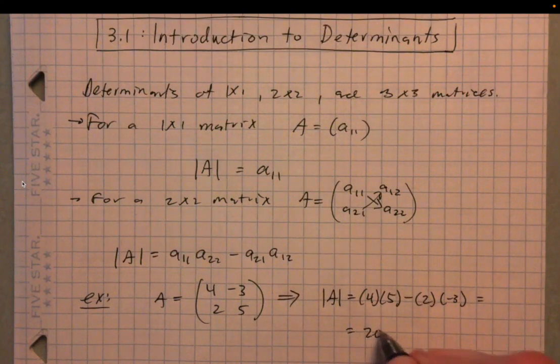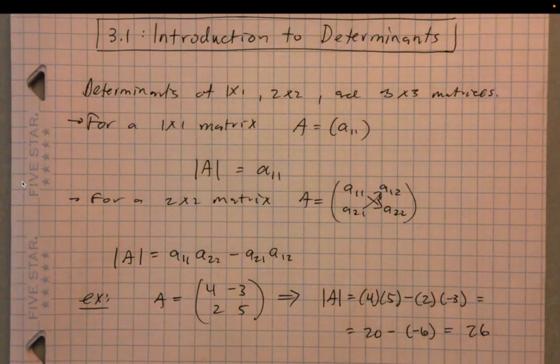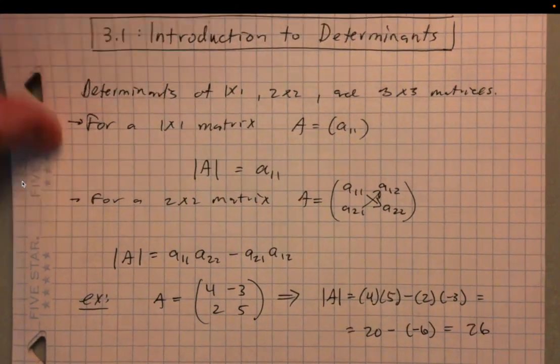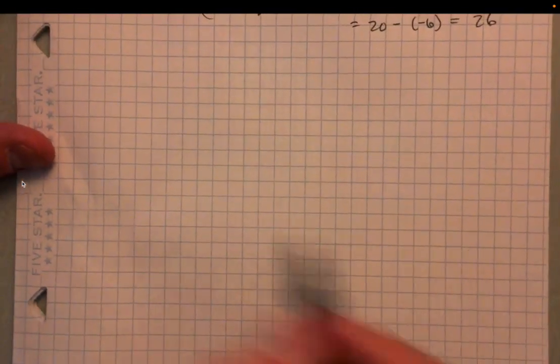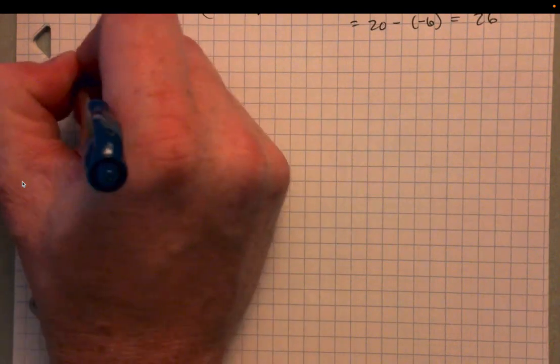Right, so it's going to be 20 minus -6, so 26. Okay. So that's the case with the 2 by 2 matrix. So again, we've seen this one. The 1 by 1 is trivial, 2 by 2 we have seen. So let's jump to the 3 by 3 next and see how to calculate this magical determinant number in the case of a 3 by 3.